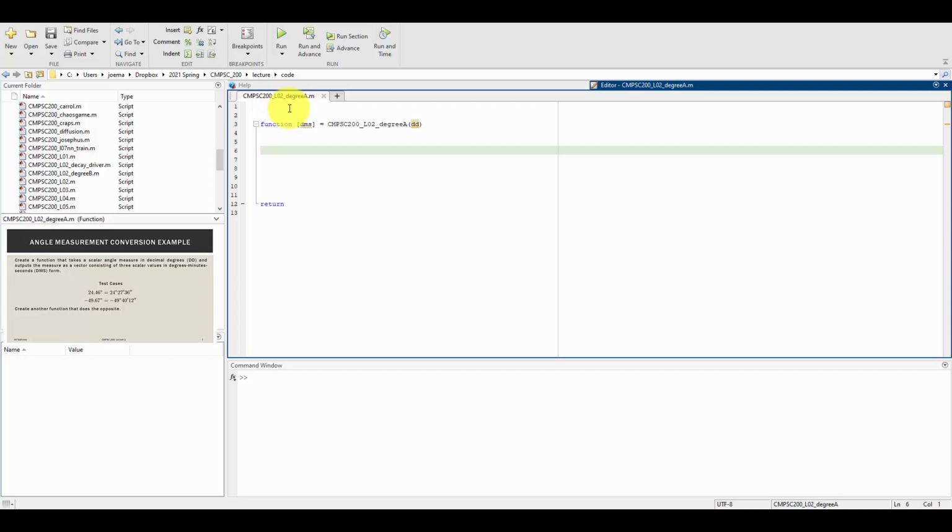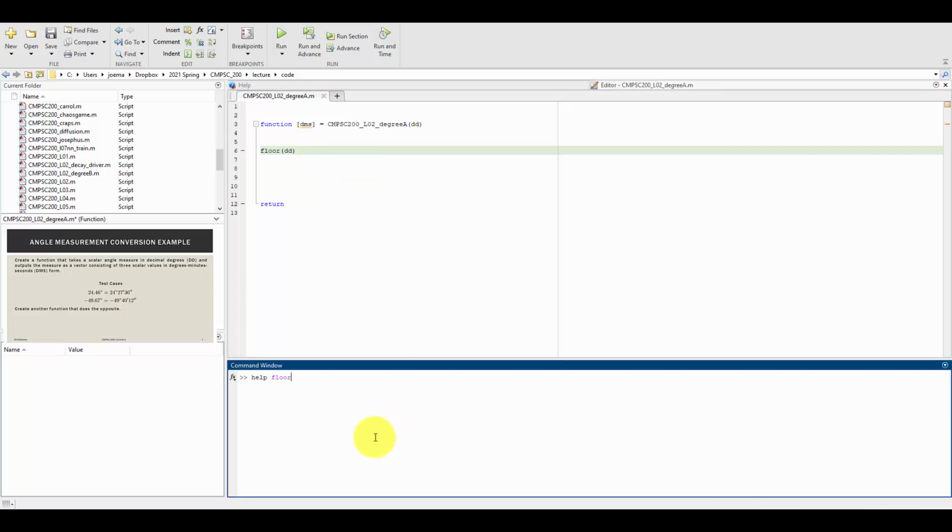So how can we do that? There's a couple different options here. I'm going to use floor, should work. So let's see what floor does. If you're not familiar with it, you can look it up. Floor is going to round our number towards negative infinity.